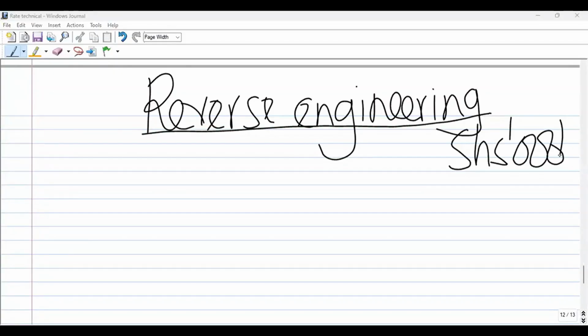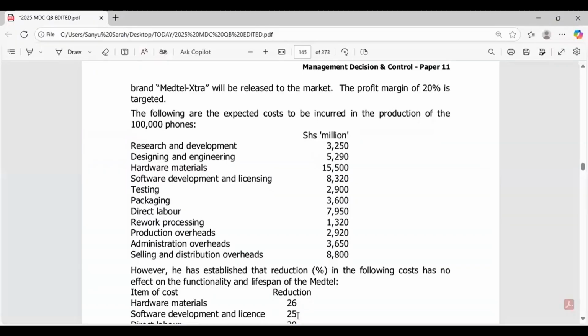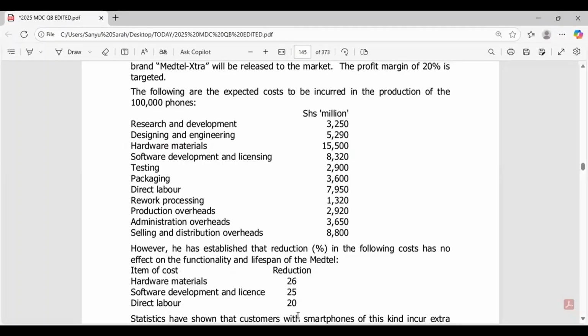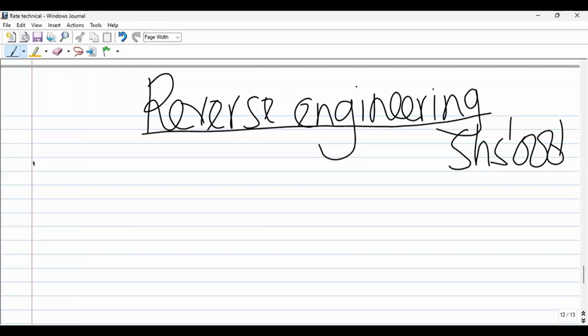So we come and see what we have here. With reverse engineering, research and development, we come and see if that cost is among those that will be affected. No. So that means even when reverse engineering comes into play, research and development cost is going to remain the same. And reverse engineering is only applied during production only.